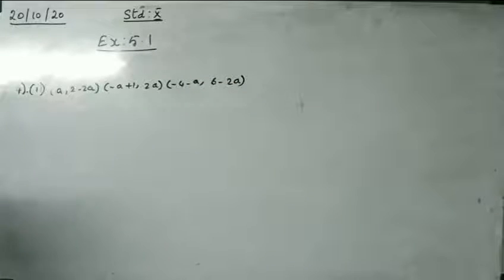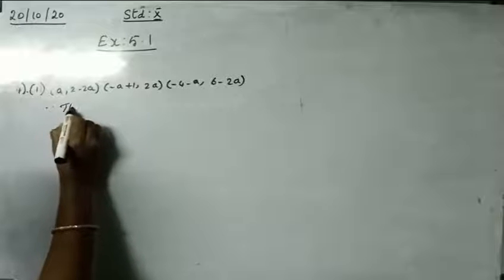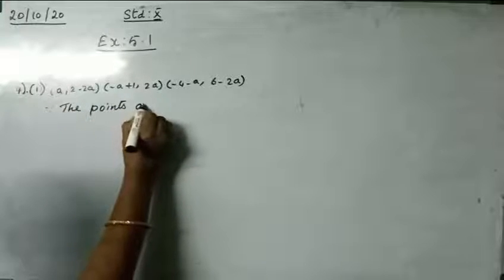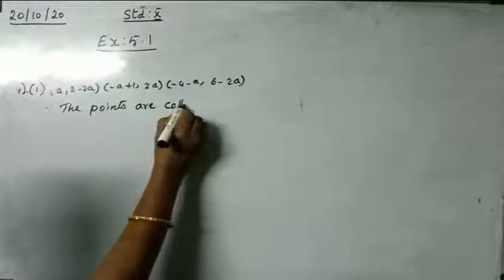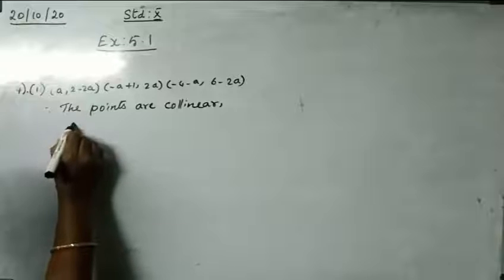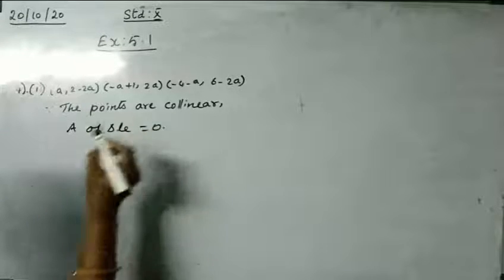These are the points, and the given condition is that the points are collinear. Since the points are collinear, we can take the condition as area of triangle is equal to 0.